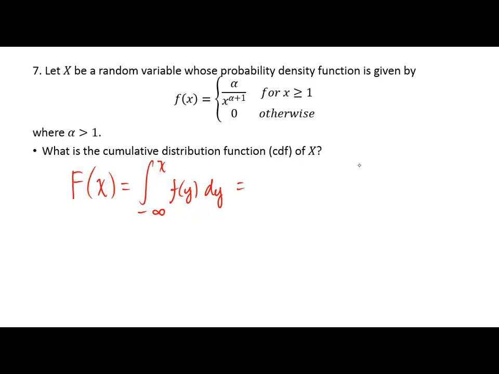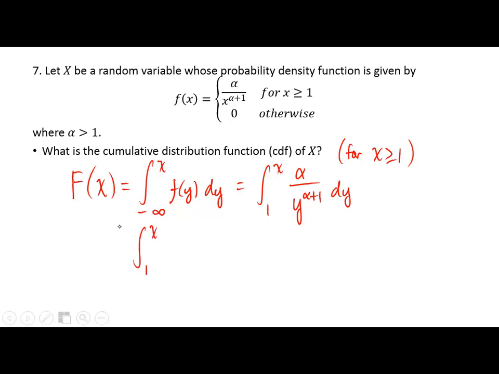Let's think about just x bigger than 1 for now. This is the integral from 1 up to x of alpha over y to the alpha plus 1. I can rewrite this, putting the alpha out front, times y to the negative alpha minus 1.